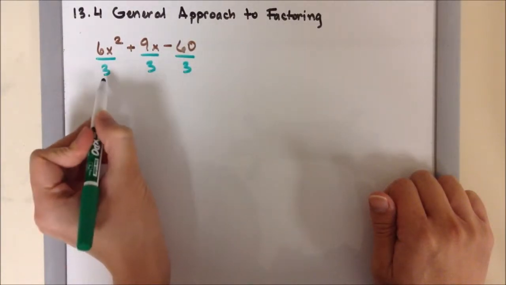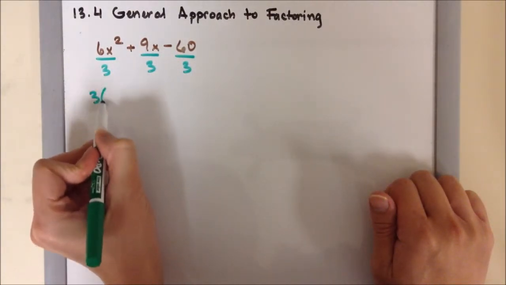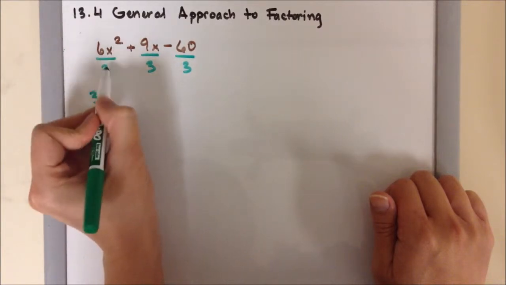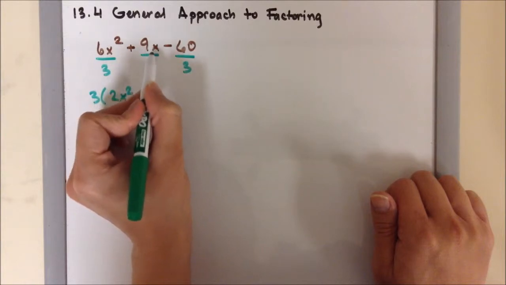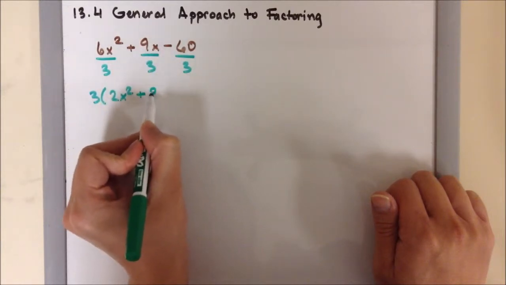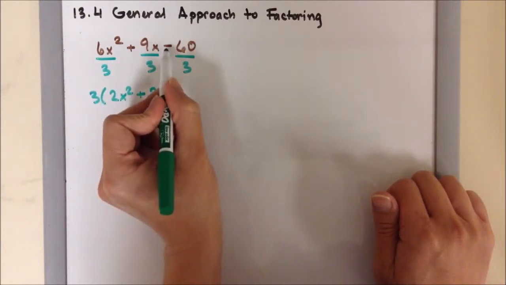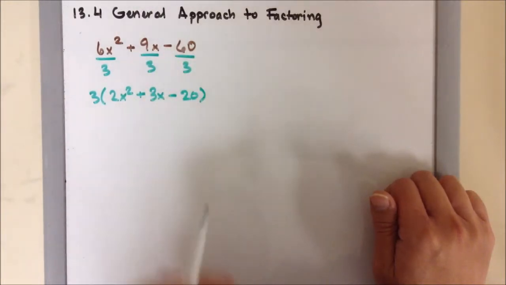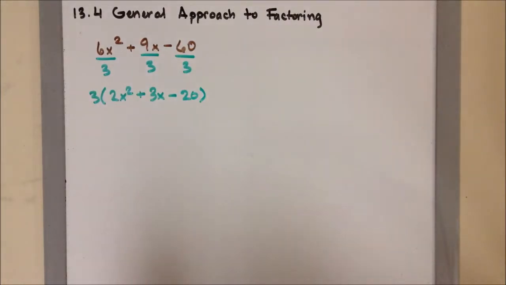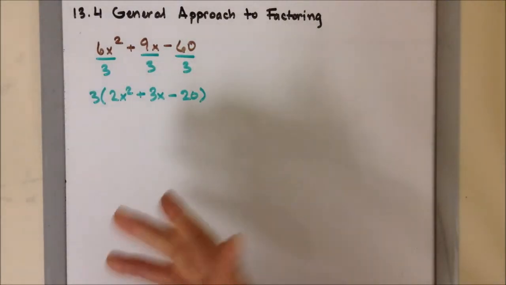My GCF, the 3, will be outside the parenthesis. 6x squared divided by 3 is 2x squared, then 9x divided by 3 is 3x, and negative 60 divided by 3 will be negative 20. Then close parenthesis. So I finished factoring by GCF.